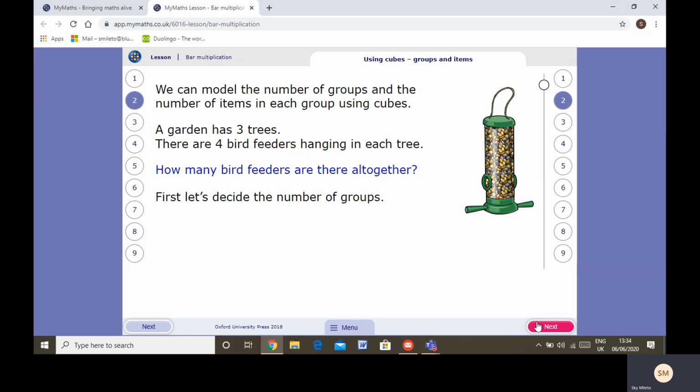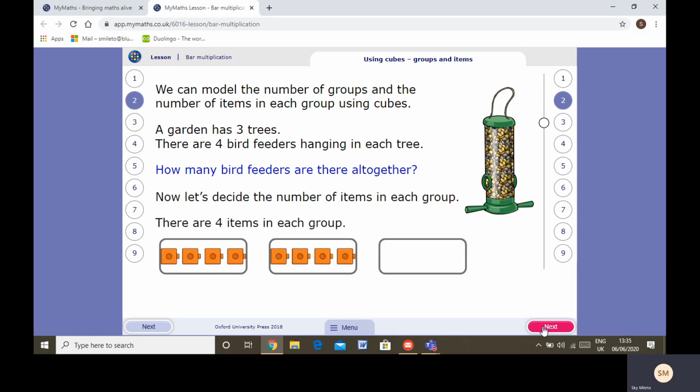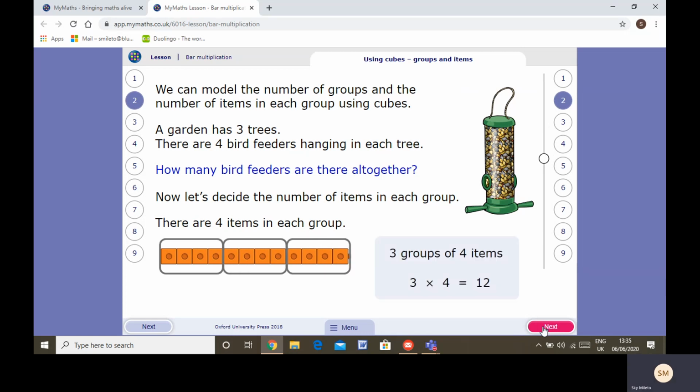We're going to pick the trees. So we've got 3 groups. And on each group, there are 4 bird hangers. So we can put 4 cubes in each block. And then we can join the cubes together and count them up. 3 times 4 is 12.